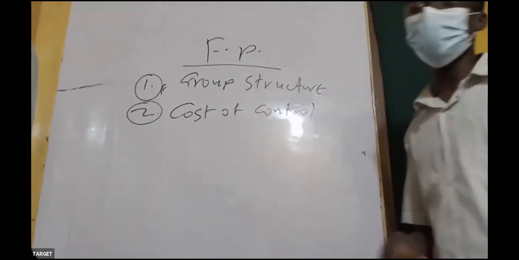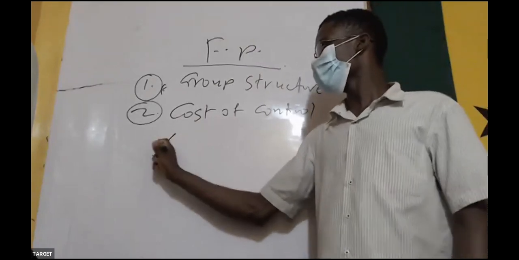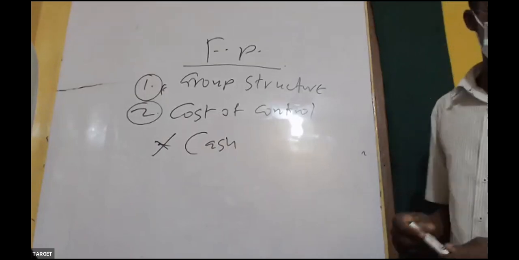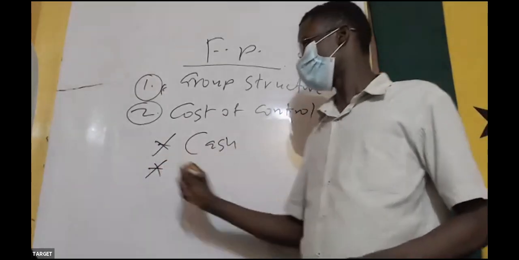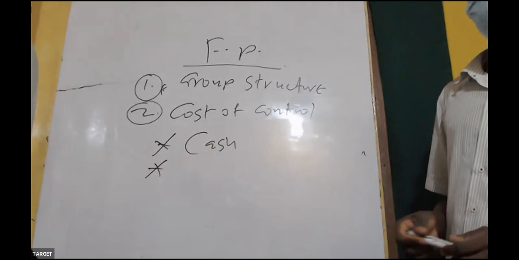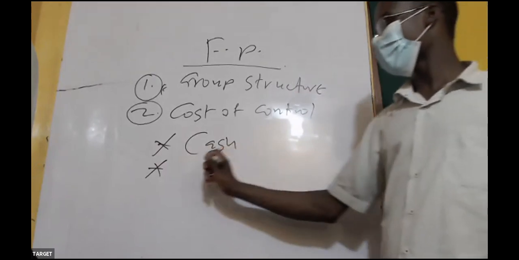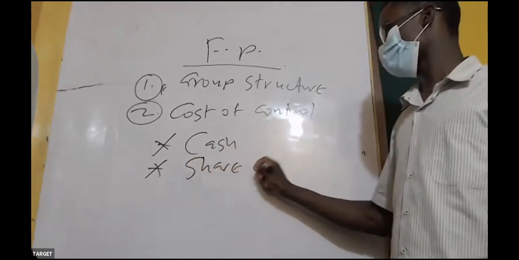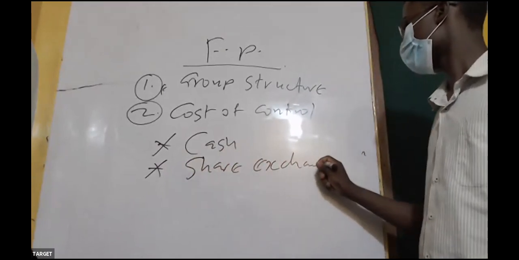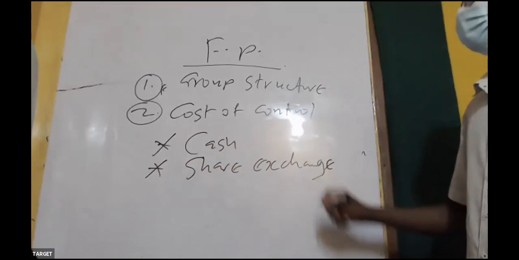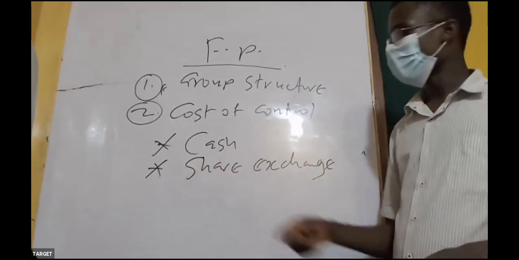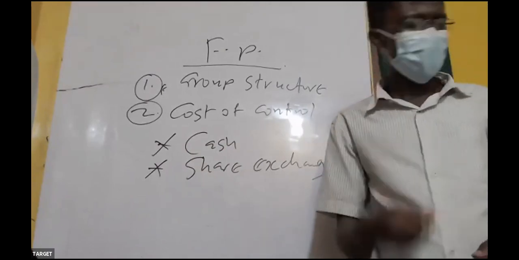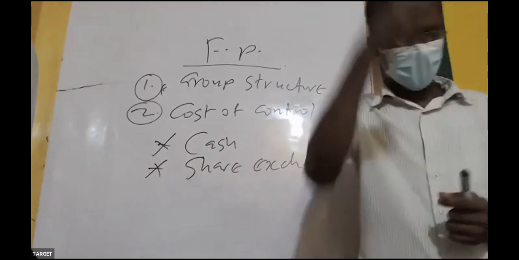That's what we mean by cost of control. Basically, it's made up of the following: cash. You can pay cash. 2, you can also pay with shares. We call it share exchange, or you can call it share for share. Now, if you can buy a share and pay with a share, then you can also buy a share and pay with a vehicle.